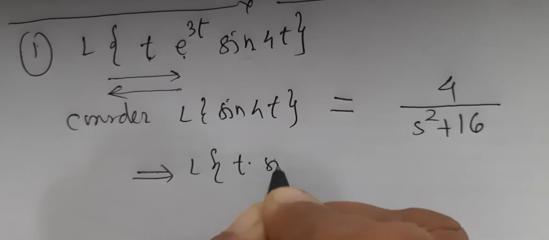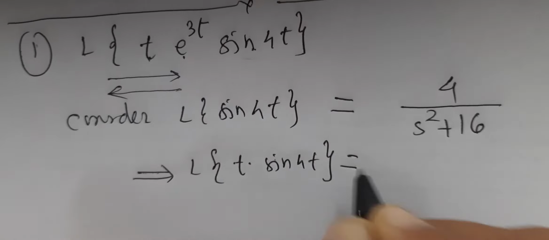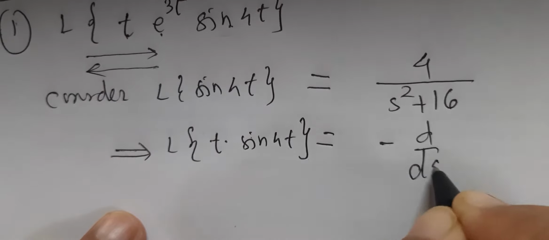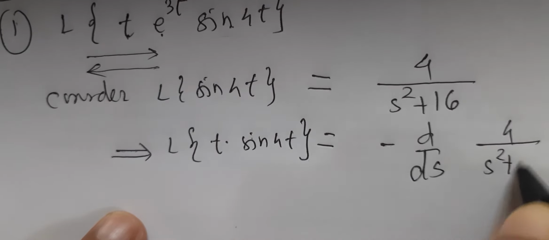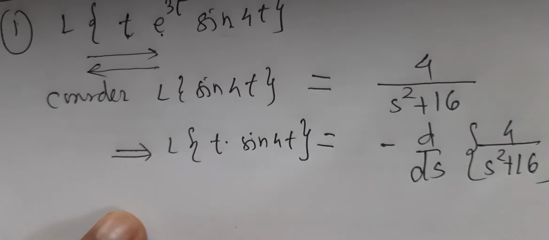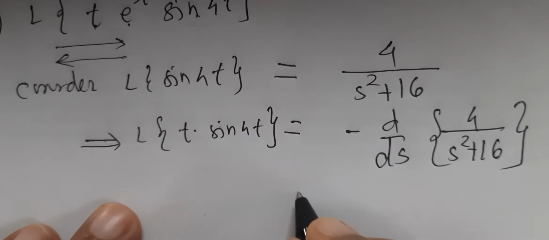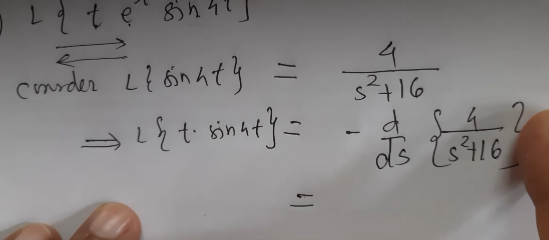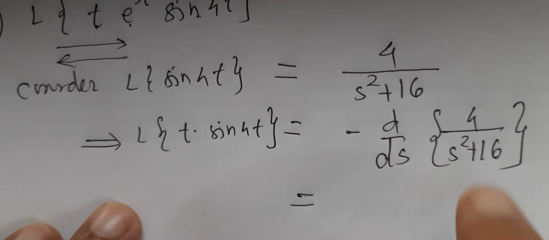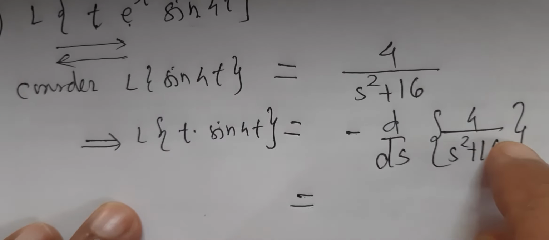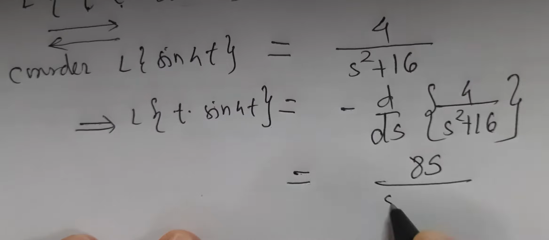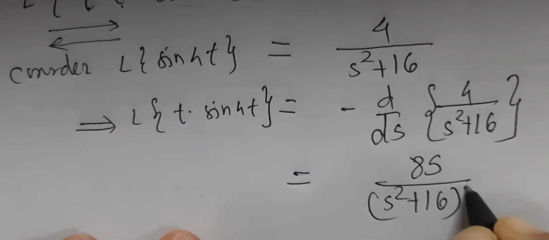If you have t into sin 4t, by the multiplication by t theorem, it is minus d by ds of 4 upon s square plus 16. I hope I don't have to explain the derivative here. It is minus 4 into the derivative, which is minus 2s upon s square plus 16 whole square. So it becomes 8s upon s square plus 16 whole square.